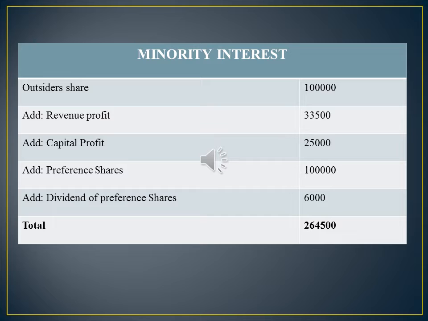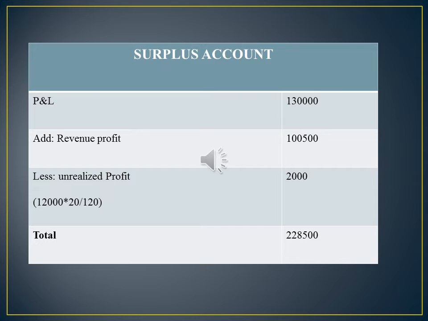And also add the dividend for preference shares, which simply means the dividend of preference shares, rupees 6,000, and the sum total amount is 2,64,500.